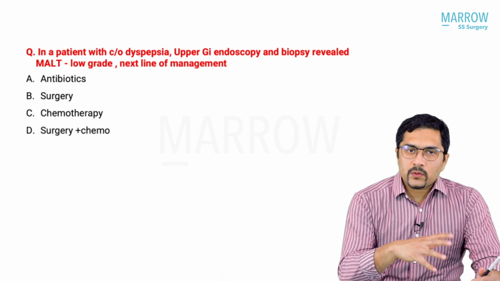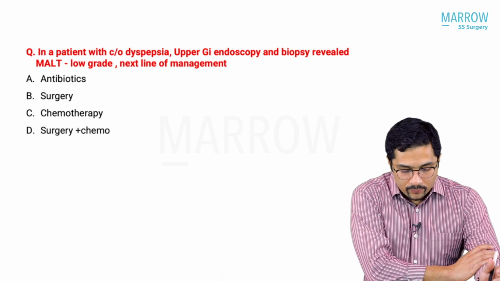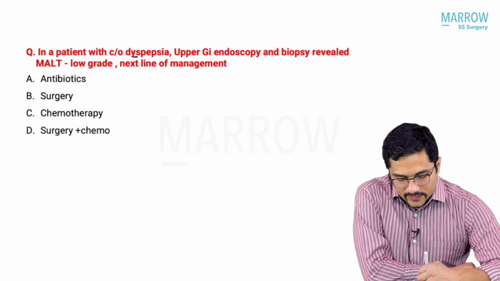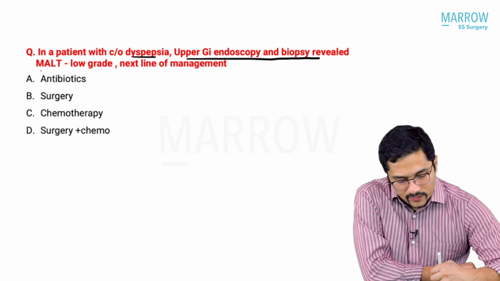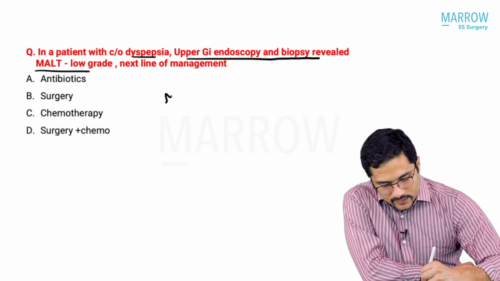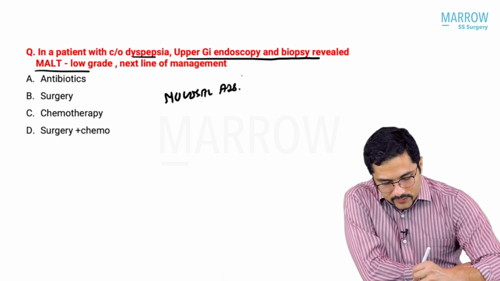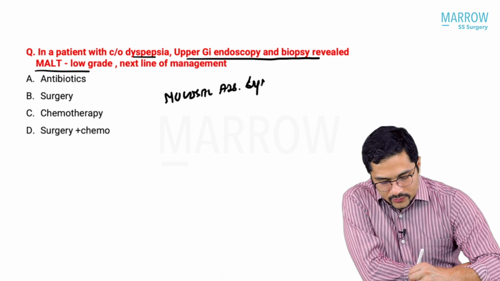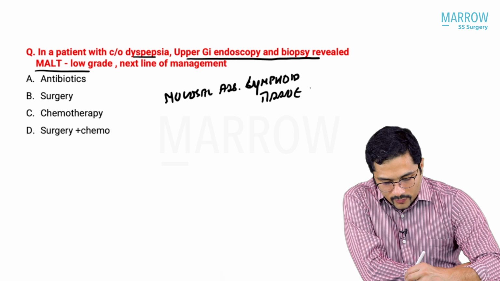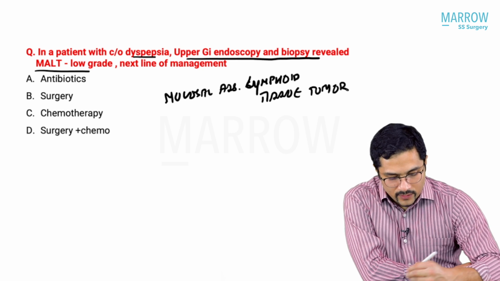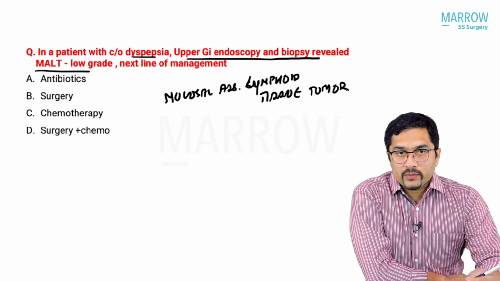This next question was again a repeat of the NEET SS General Surgery portion. There is a patient with dyspepsia. Upper GI endoscopy and biopsy revealed a MALT. MALT, you know, is mucosal associated lymphoid tissue tumor. So, you have a low grade maltoma. What is the next line of management?